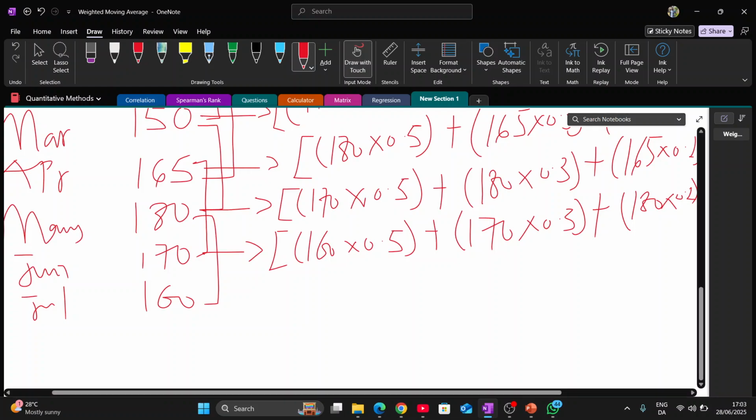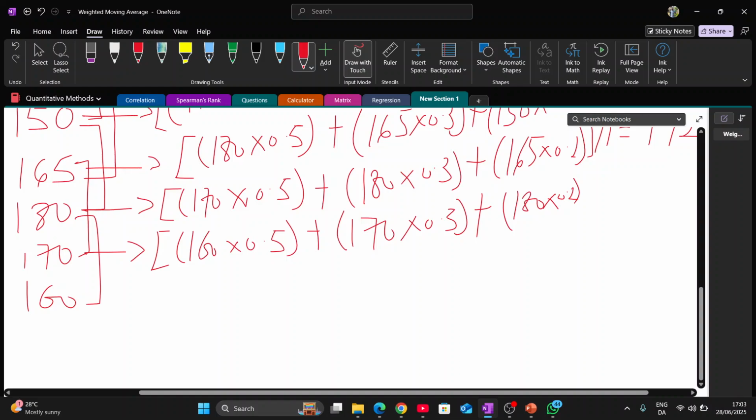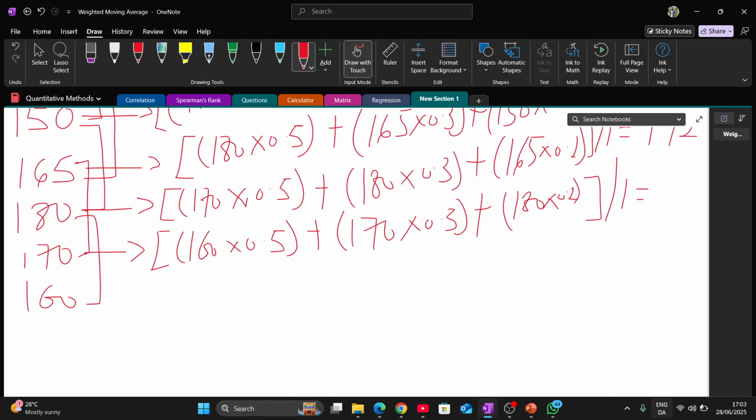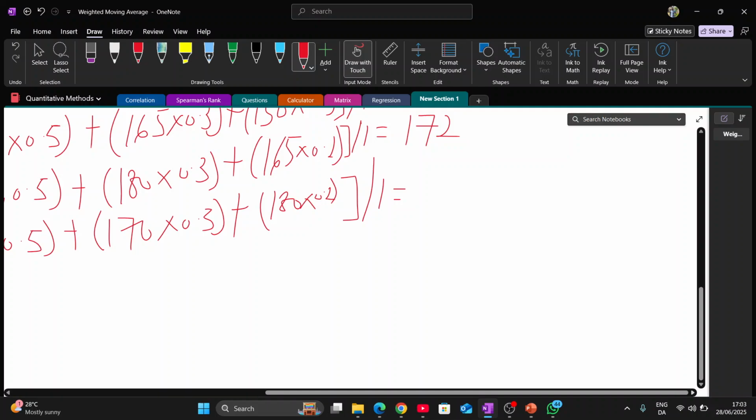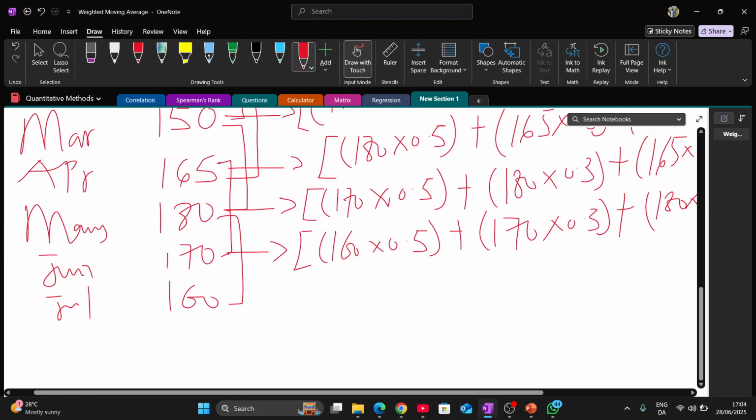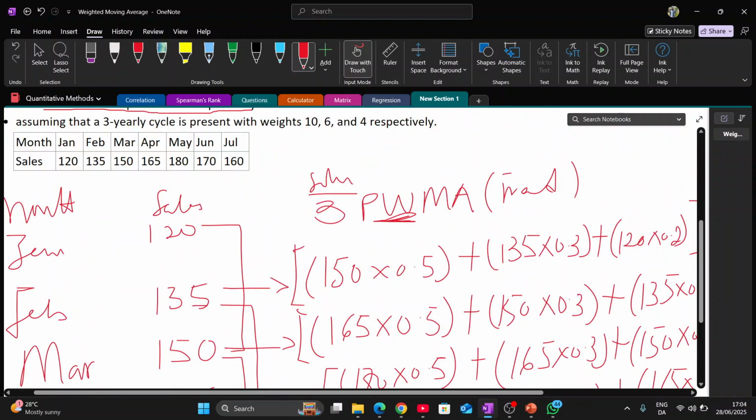When we are done, we divide everything by the summation of the weight, which is 1. 160 times 0.5 plus 170 times 0.3 plus 180 times 0.2 gives us a figure of 167. Meaning that for the last month, that's July, we have nothing there too.